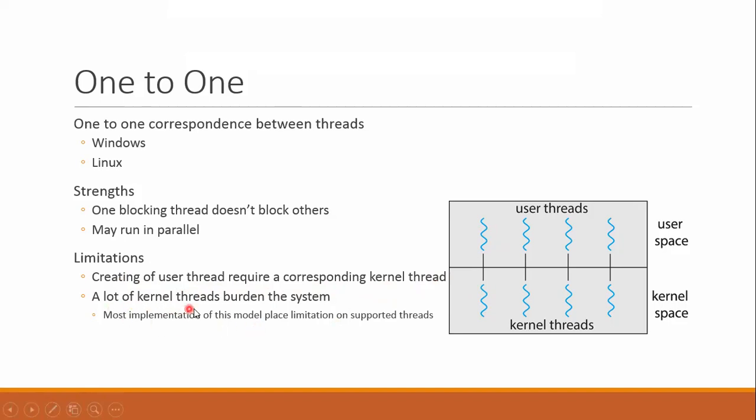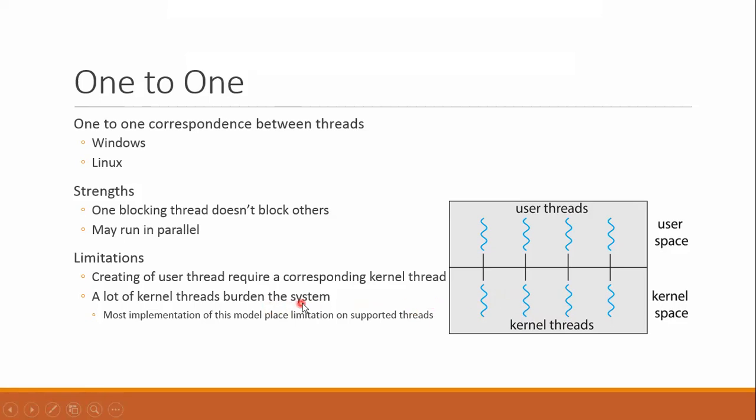And a lot of kernel threads can burden the system. They can decrease the performance of the system because a number of kernel threads are running concurrently. So it will burden the system and will decrease its performance.